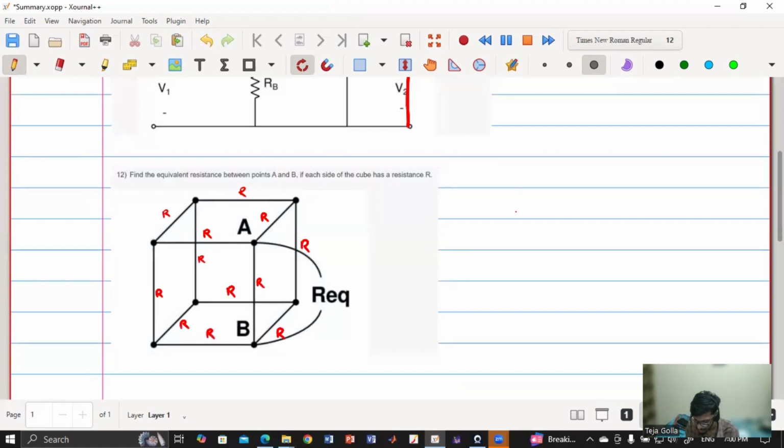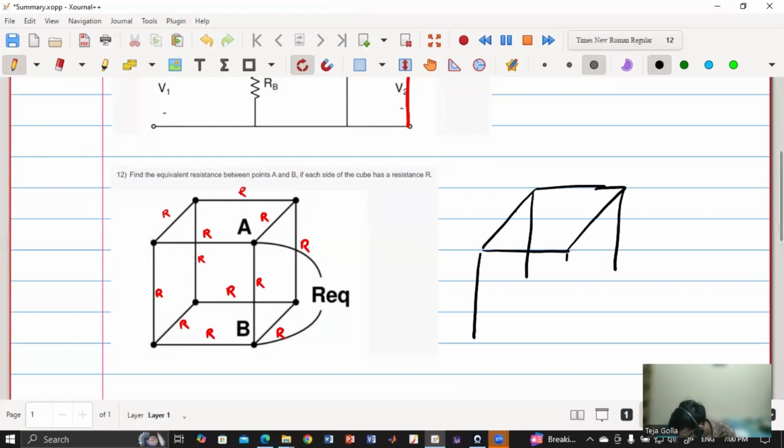Because I cannot simplify this circuit, what I can do is, let me draw it, to connect the voltage source.